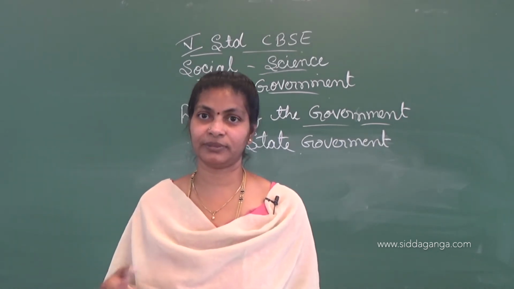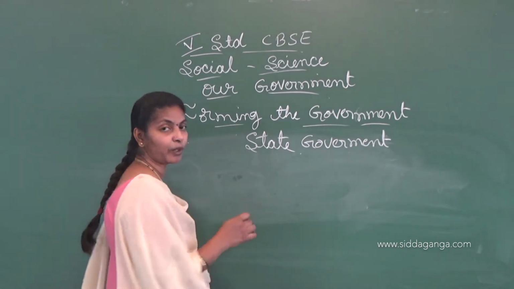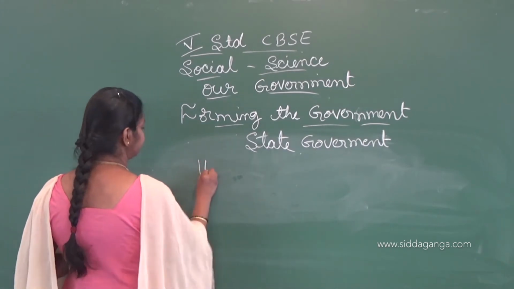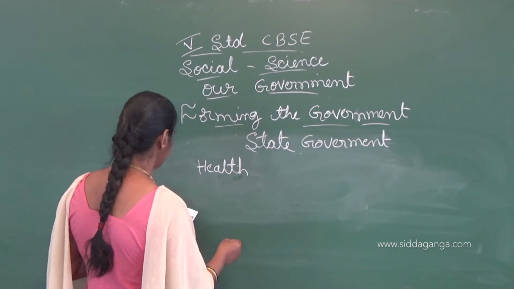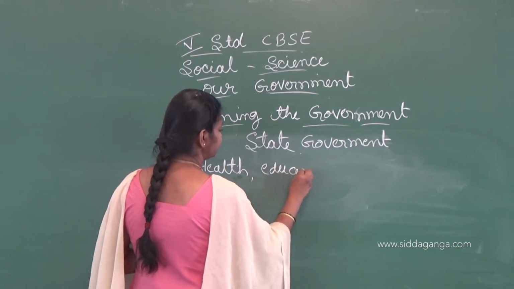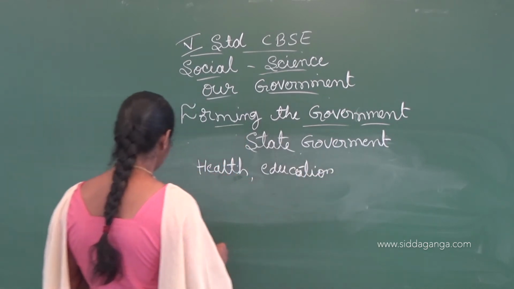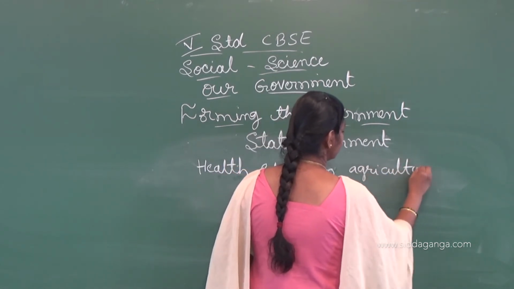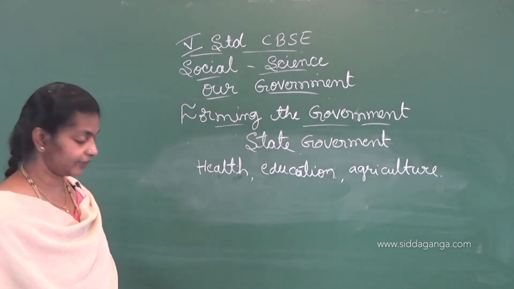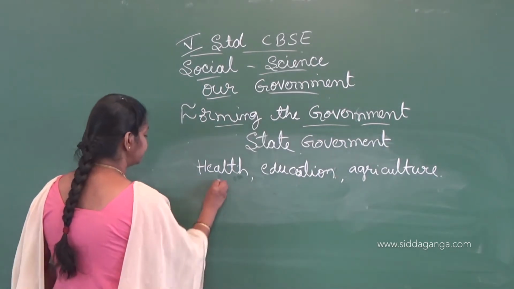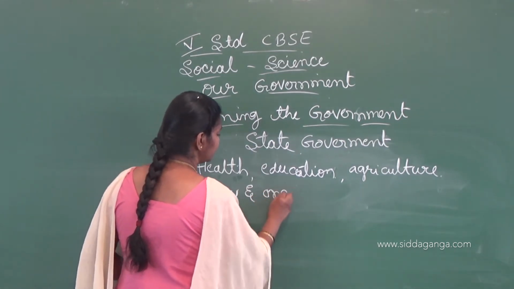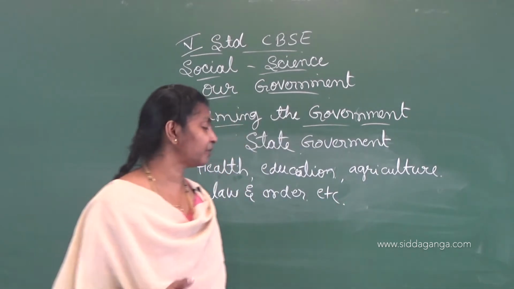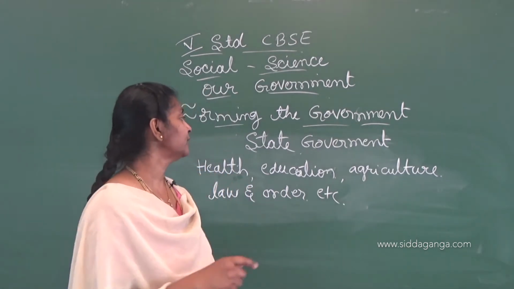The important matters which come under the control of the states are health, education, agriculture, law and order, etc. These come under the control of the state government.